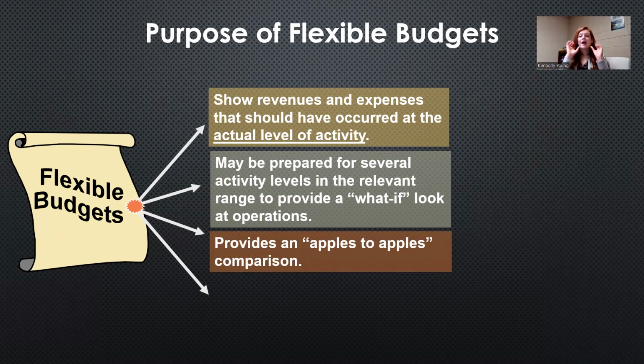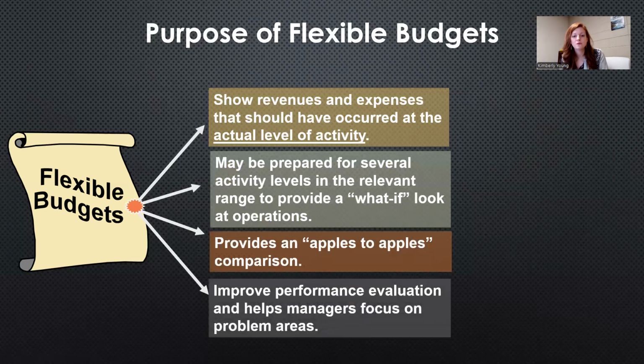And it really compares apples to apples, because if we actually sell 120 and we only did the fixed budget of 100, then we're not really comparing this properly, because that's not the number of units that we sold. So that will really help us to improve our evaluation of the budget as well, and help us to get a very clear picture of how well we did at sticking to the budget.